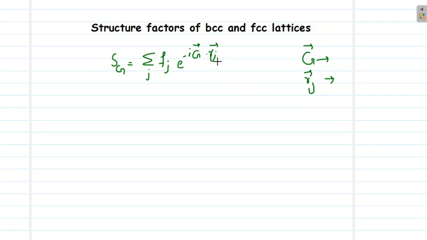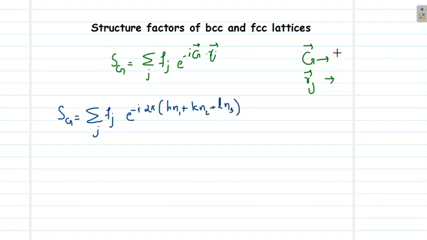By substituting for G bar and r_j bar, we finally derive the equation for structure factor as S_G equal to summation over j of f_j e raised to minus i 2 pi into (H n1 plus K n2 plus L n3).